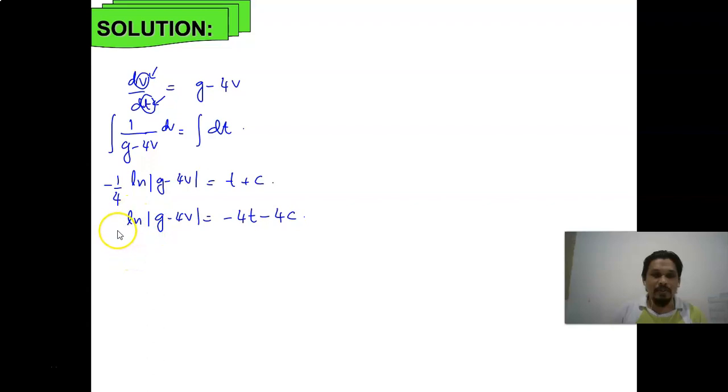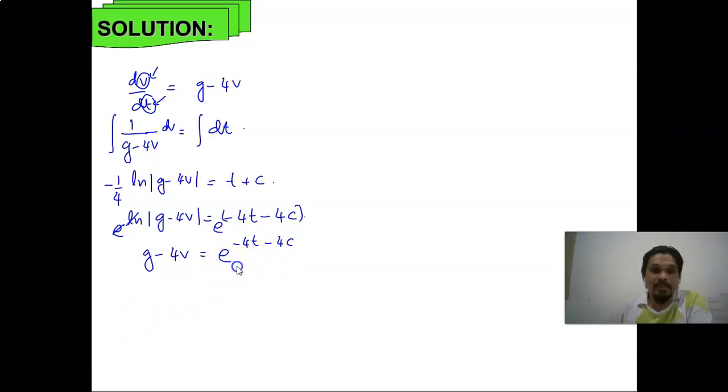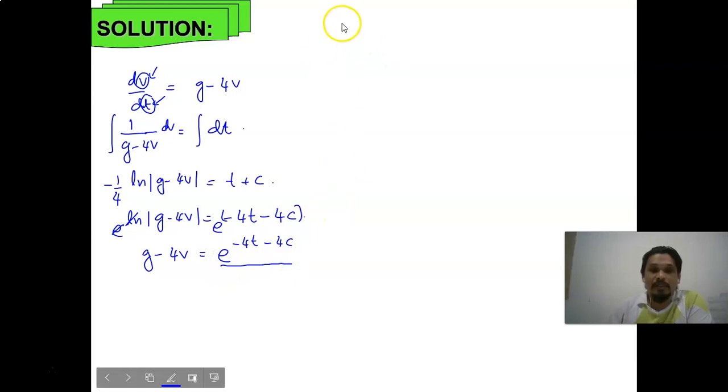And you recall the constant of e. Just imagine that if we come up here and also here, cancel these two, g minus 4v equal to e power of negative 4t minus 4c. Again look at this one here. e power of negative 4t times e power of negative 4c.